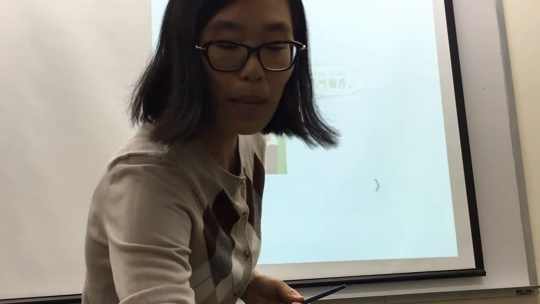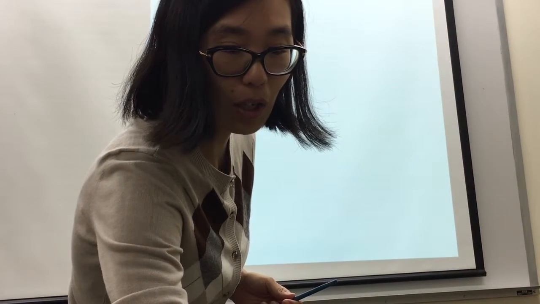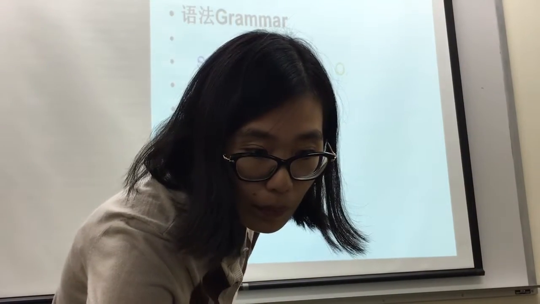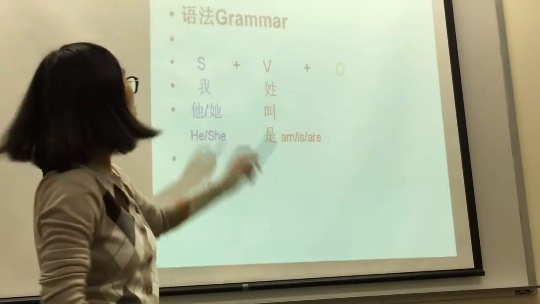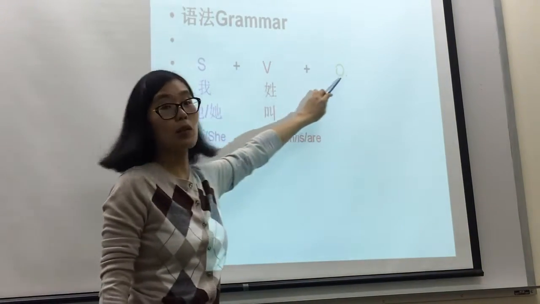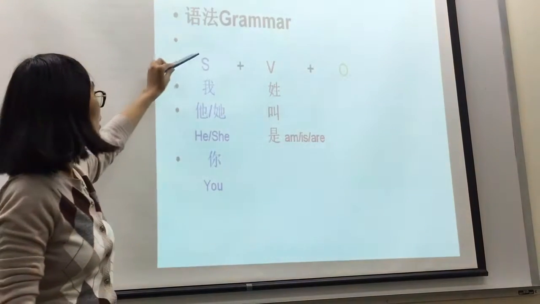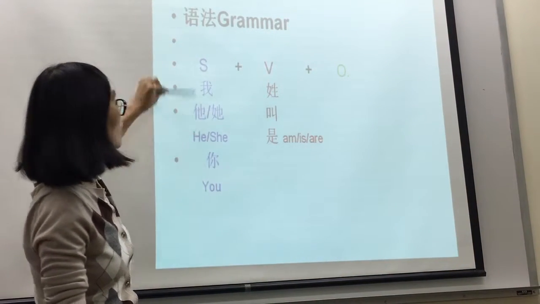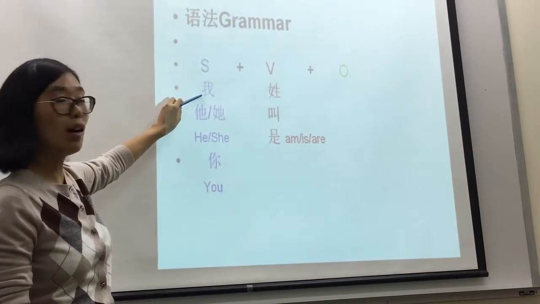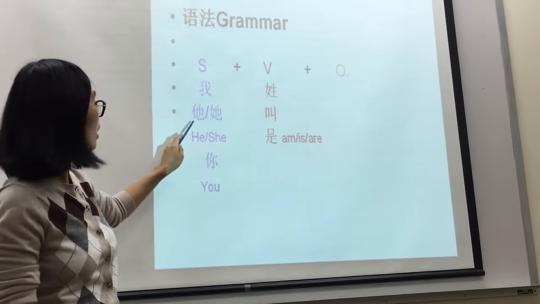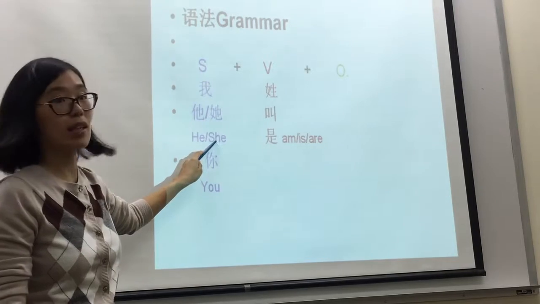So this is a basic grammar today we are going to know. Okay, subject, verb, and object. This is same as English, so it will be easier for you to learn. The blue part here is the subject. 我, I, 你, you, 他, he or she.